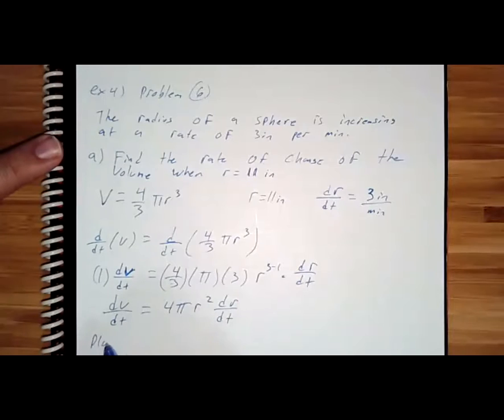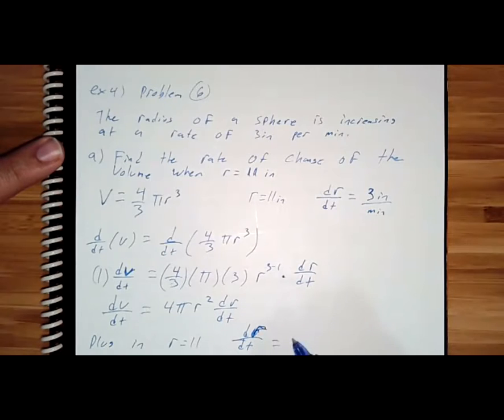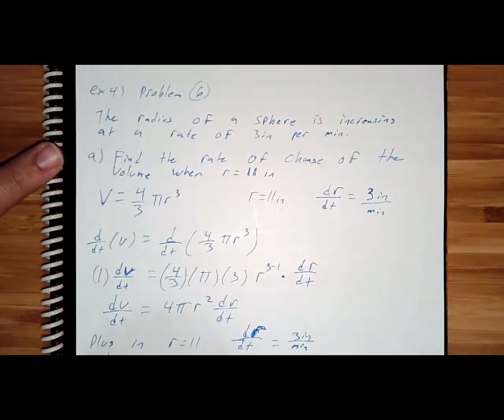So plug in r equals 11 and dr/dt equal to 3 inches per minute. Can you move the page up a little bit?